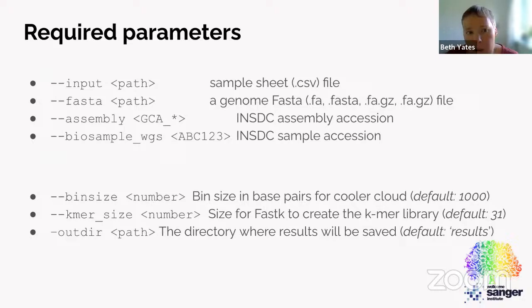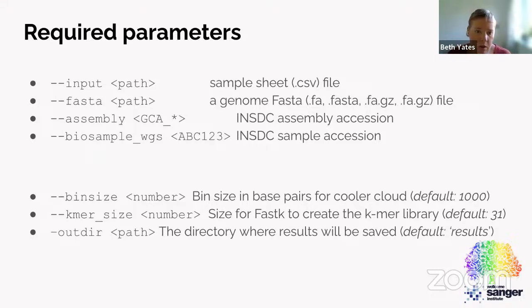For the Genome-Note pipeline itself, the required parameters are, first, input, which is essentially a sample sheet that lists all of the reads for the assembly that we want to analyze. The FASTA file, which is the assembly FASTA file, can be either zipped or unzipped, and the pipeline can deal with both.